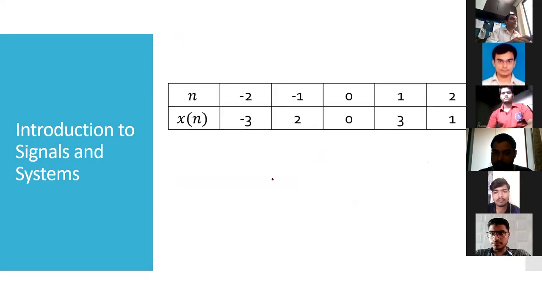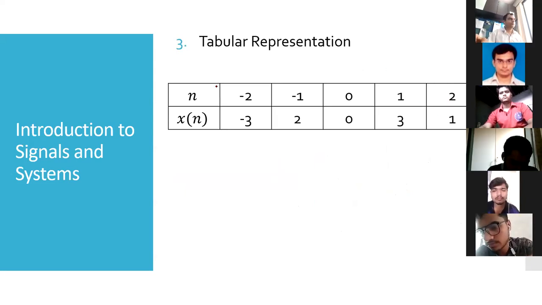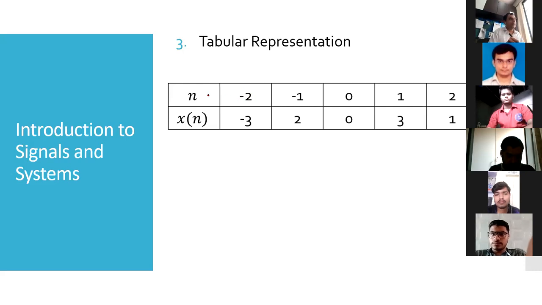So this is the functional representation. Then we have a tabular representation. In a tabular representation, we define values at different instants. That means we write the values of n in the first row of the table, and then we write the values of the function in the second row of the table.